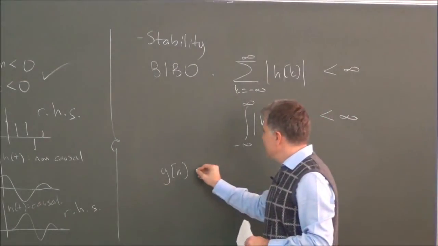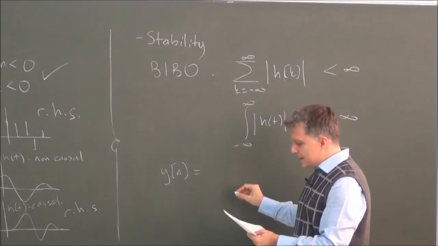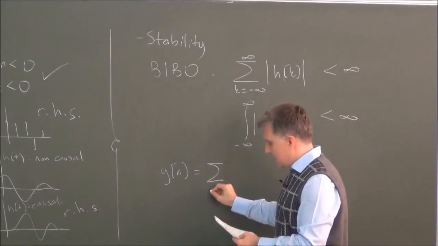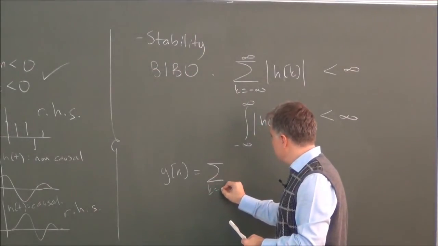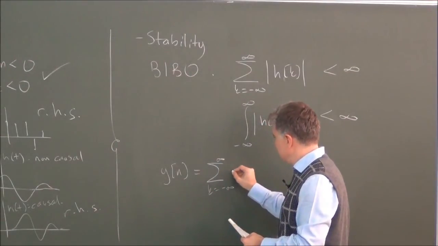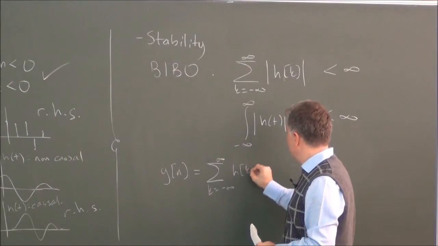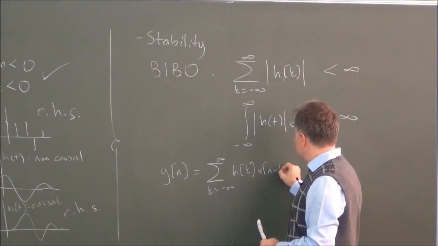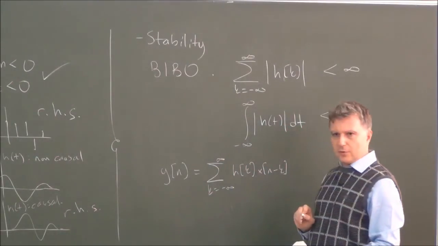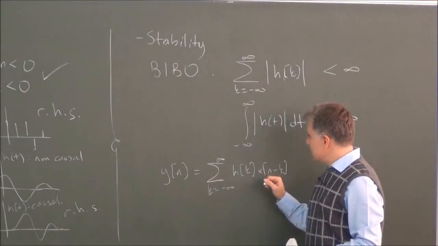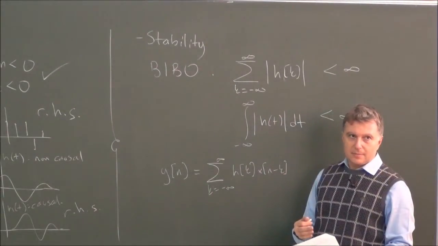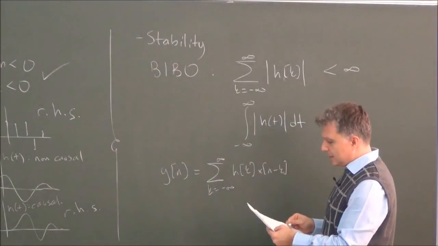It's not very complete. y[n] is equal to the sum over k from minus infinity to infinity of h[k] x[n minus k]. This is the convolution we know. Suppose that x[n] is bounded.